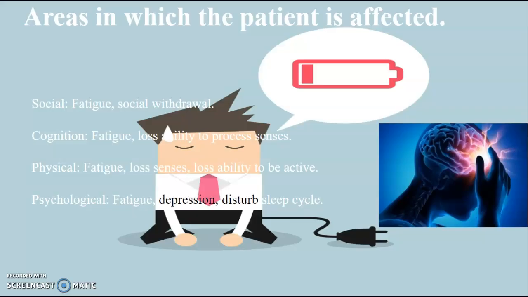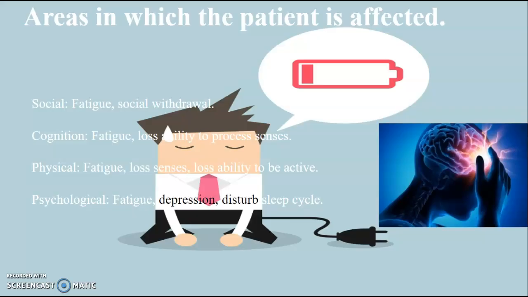Depression causes disturbance of the sleep cycle, which creates fatigue. Fatigue and depression create social withdrawal. Social withdrawal creates a disability to be active. So basically, it's a vicious cycle.